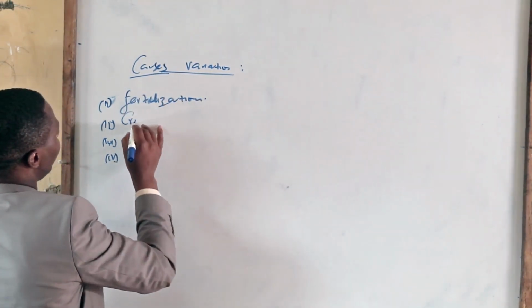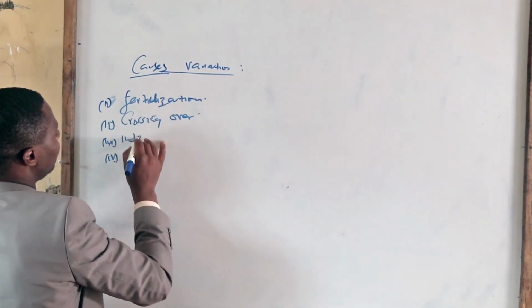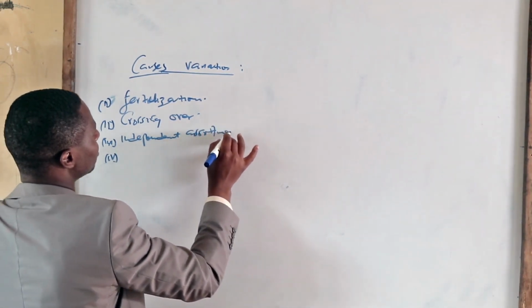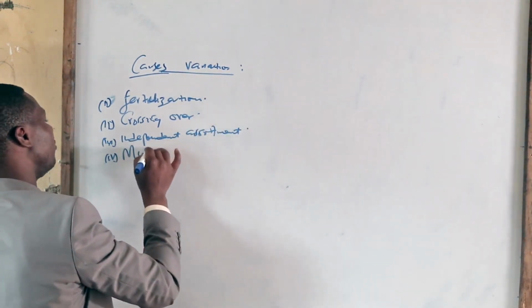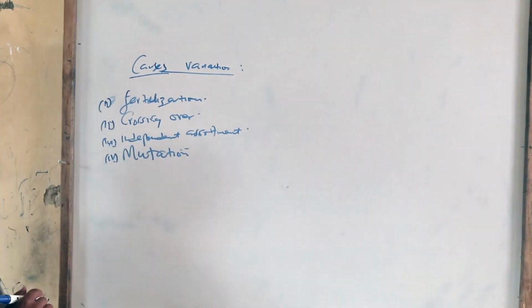Number two, we have crossing over. Then we have independent assortment. And we have mutation. So those are the main causes of variation.